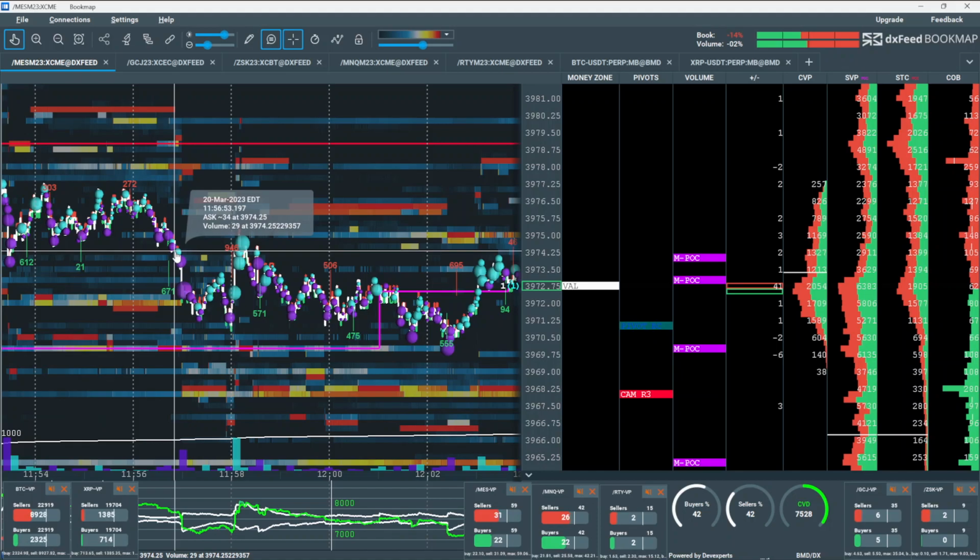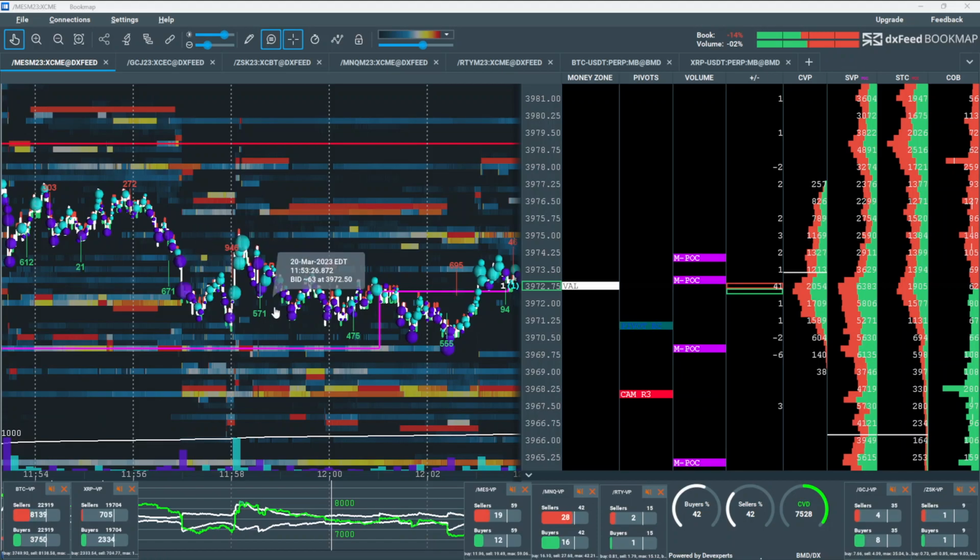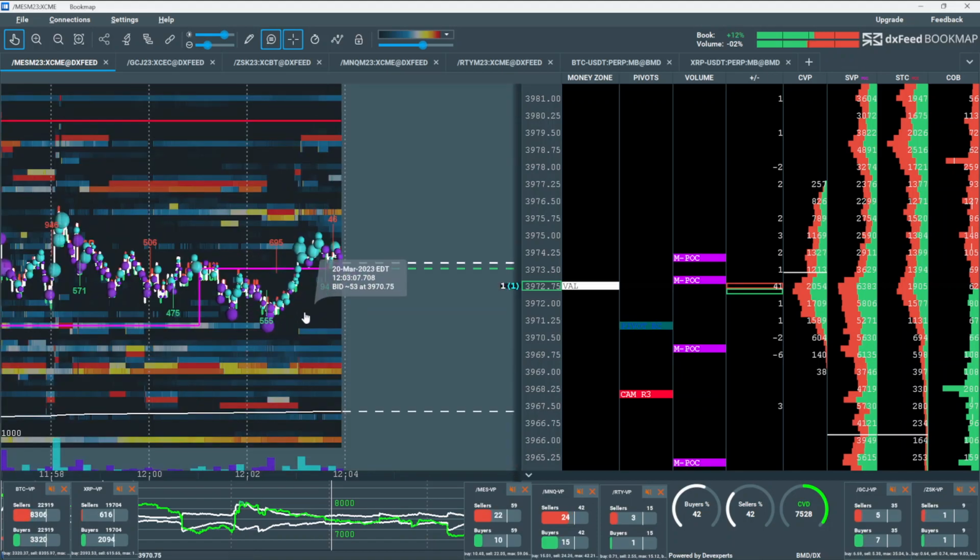We consolidated after that, and then I was aiming for 39.63. I actually got my target at 39.6325.